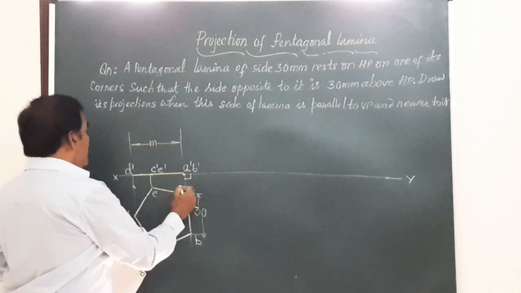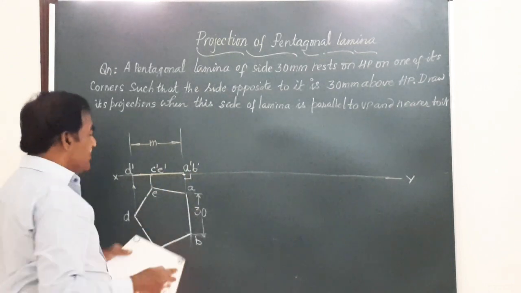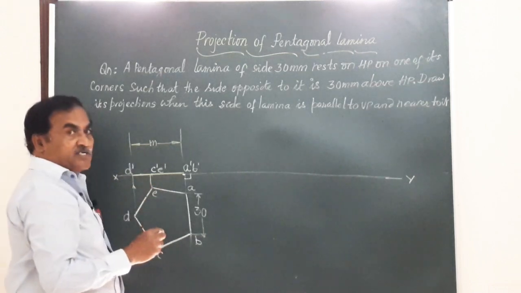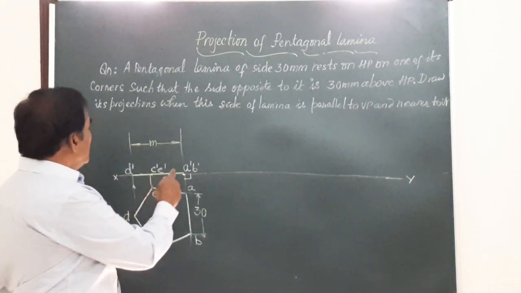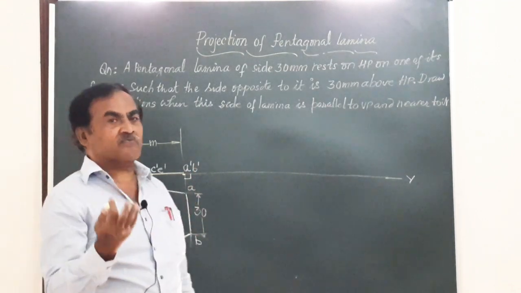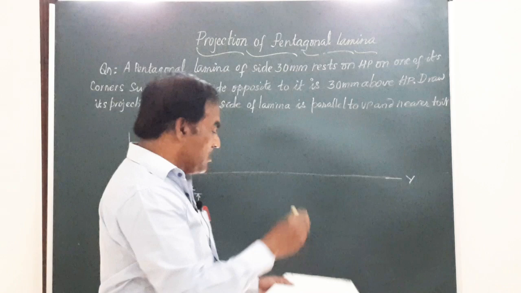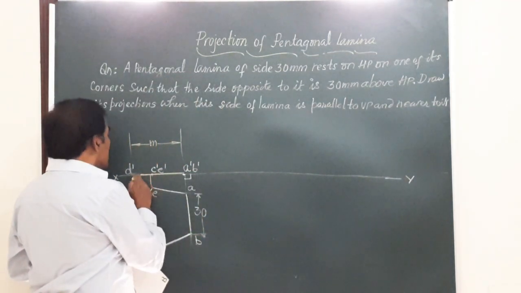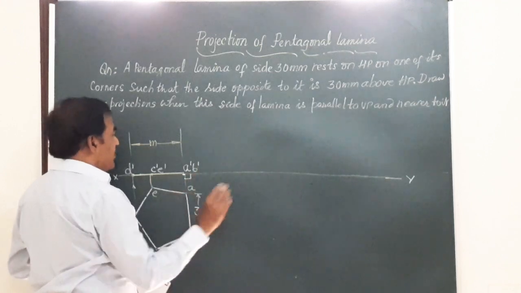We have got the front view, we have got the top view, and friends, you see that this line D dash, C dash, E dash, A dash, B dash will represent the pentagonal surface of the lamina which is in contact with the HP. That is why you are getting this line D dash, A dash, B dash on XY.